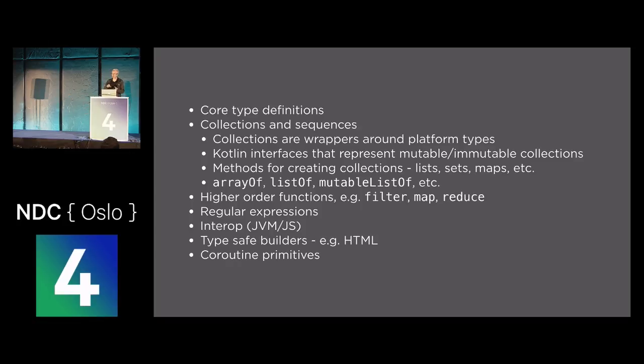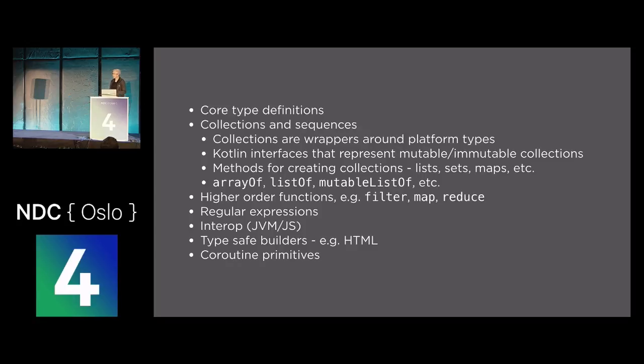So while we've got a mutable or immutable view of it, the underlying collections are not necessarily immutable, but we've got that way of working with it. There's also methods for creating collections and for lists and sets and maps and all that kind of stuff, which is good. A whole bunch of higher order functions, so we can do our filter, map, reduce kind of method chaining, function chaining, and working with that.